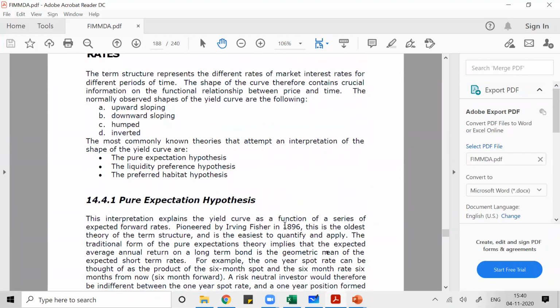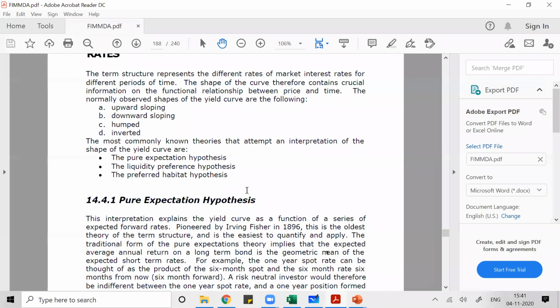These are very important for your exam: the pure expectation theory, the liquidity preference theory, and the preferred habitat theory. They are very important when we study the term structure of interest rate, or the shape of the yield curve.